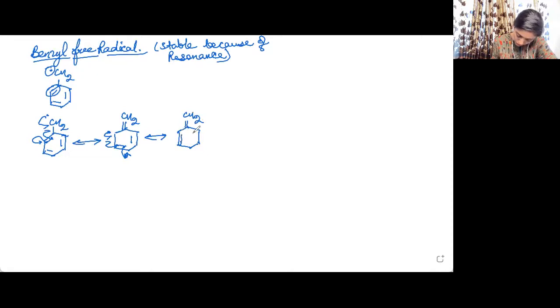So here will be the double bond. Here is the double bond. Here we have the free radical. The next double bond, again, it is in conjugation with the free radical because of one bond distance. So here we can take the two electrons. This electron will move here. This will move here. And this will move here.